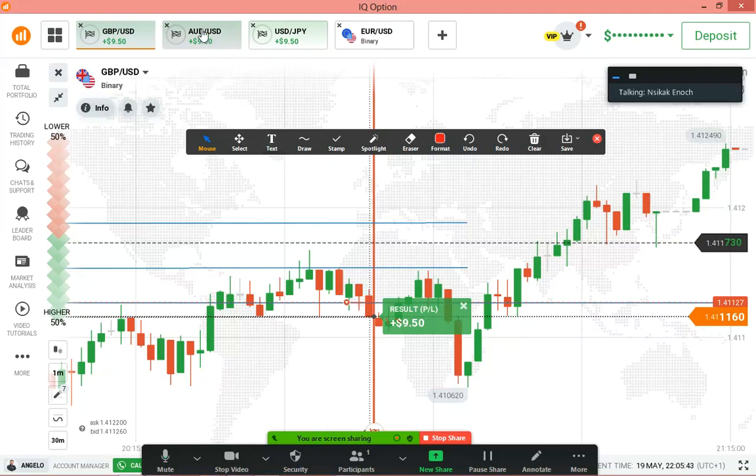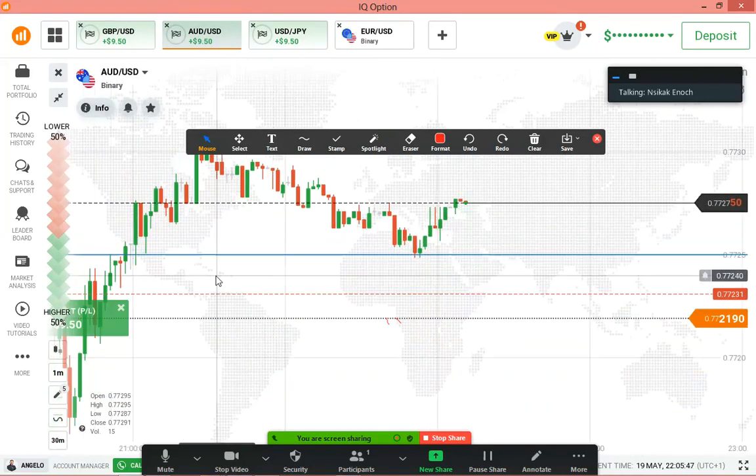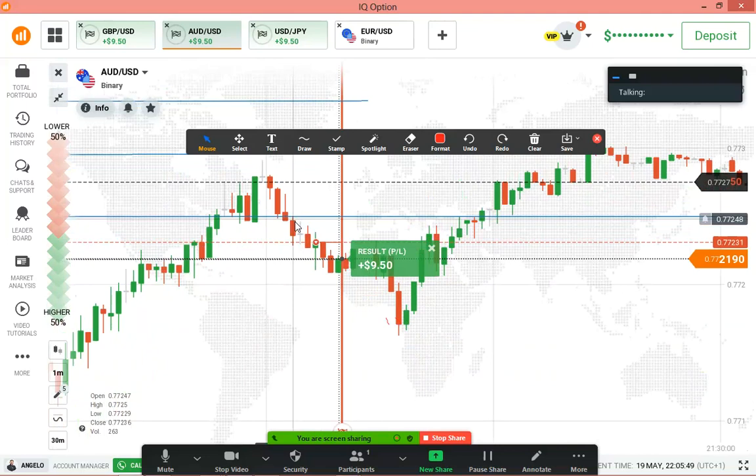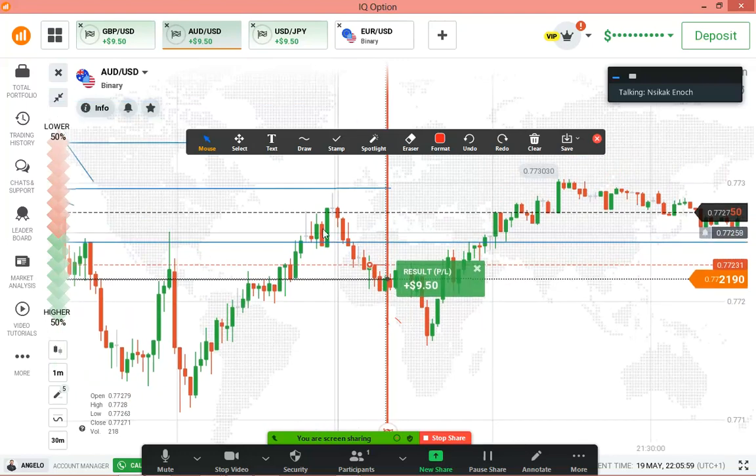Don't use a 2 minute expiry time or more than 5 to 10 minutes. 3 minutes, 5, 4, 7, or any expiry time you want, but no more than 5 to 10 minutes or below 3 minutes.